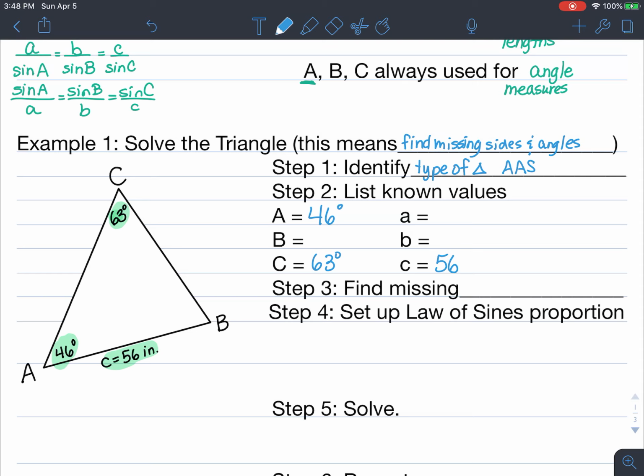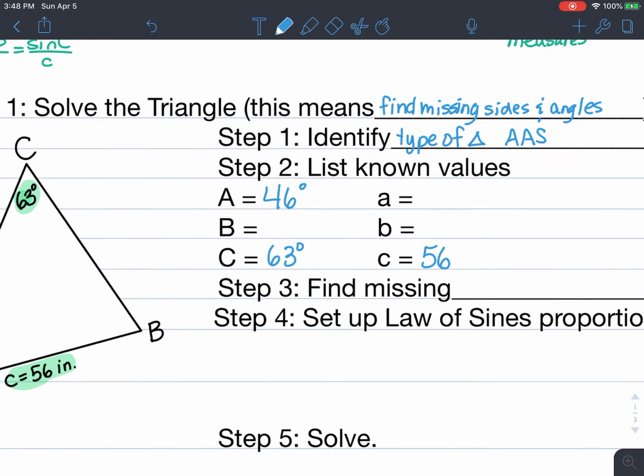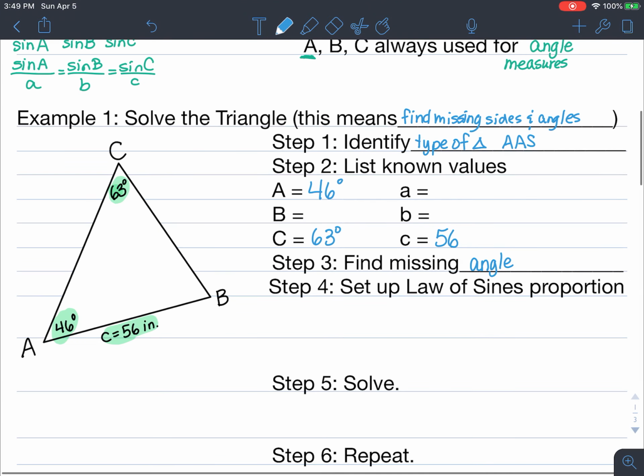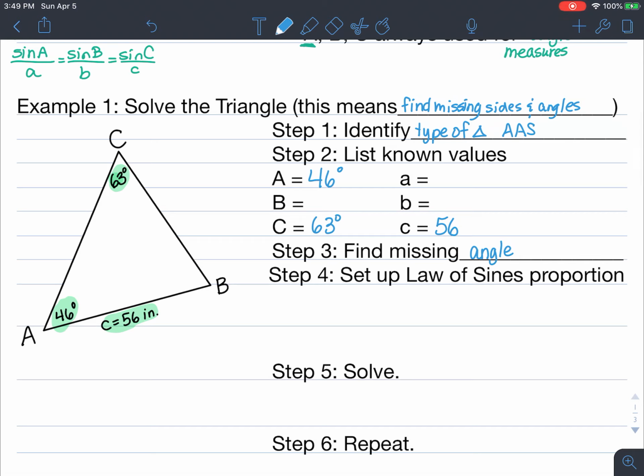Okay, so find the missing angle first, because that's going to be the easiest thing to do. Because all the angles of a triangle have to add up to 180.